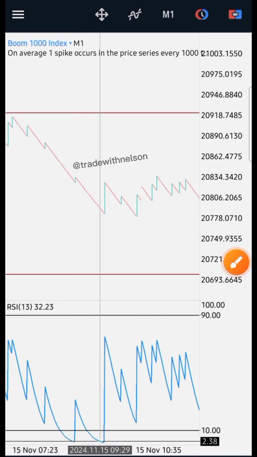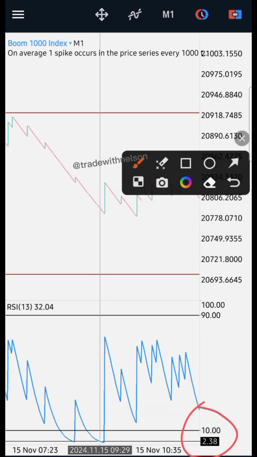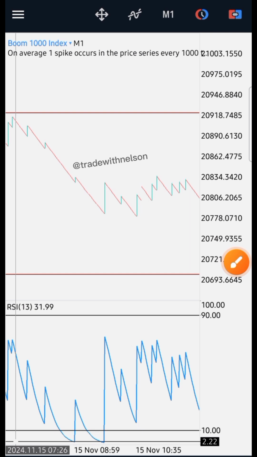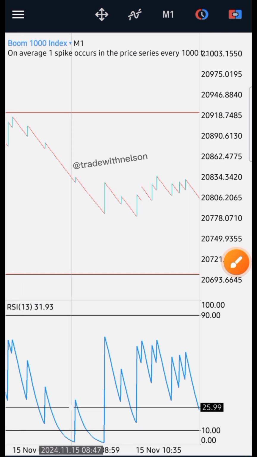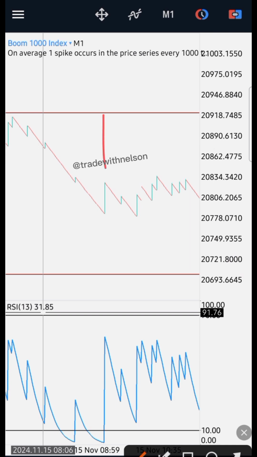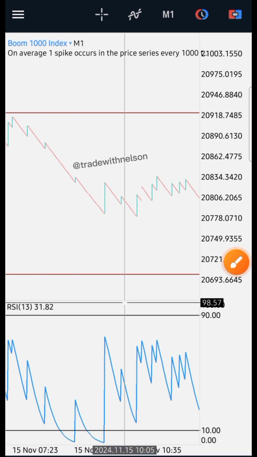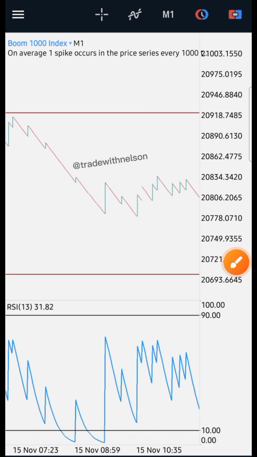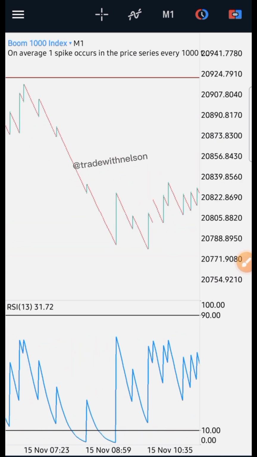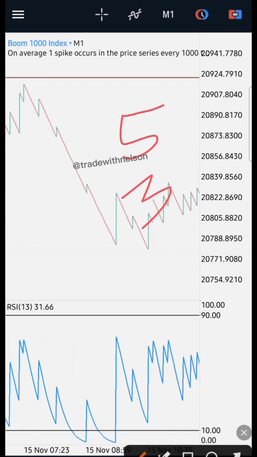And if we go here again, we see that this one occurs at 2.38. So if we look very well, we notice that there is none that happened below 1. This does not mean that it does not happen below 1, it also happens below 1, but most of the times it occurs between the 5 and the 3 level.